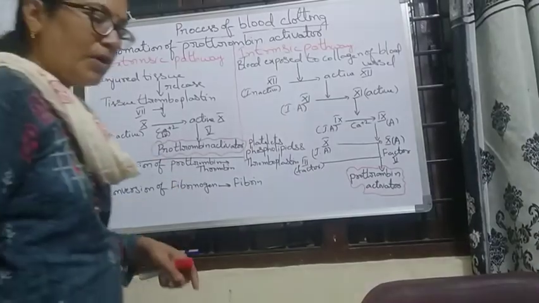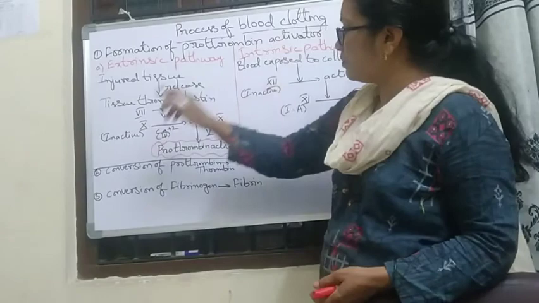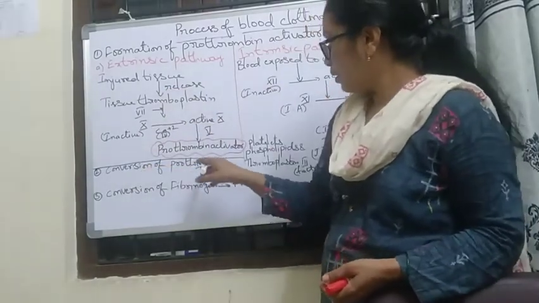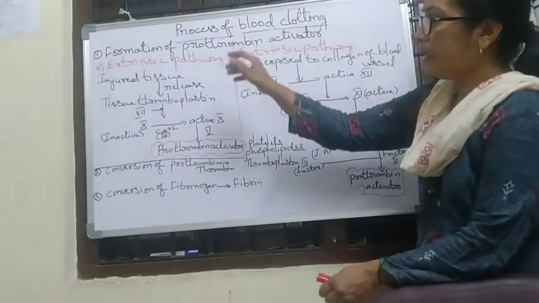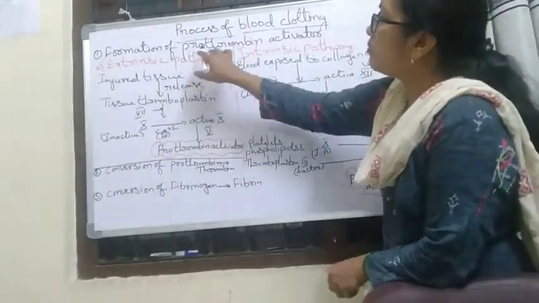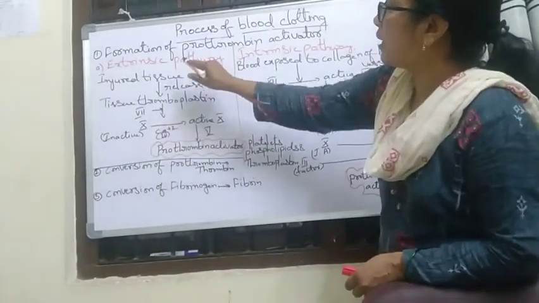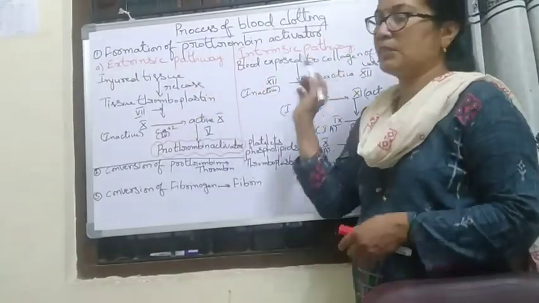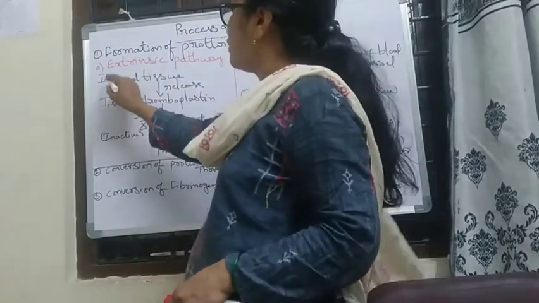In the process of blood clotting, mainly three steps are there: formation of prothrombin activator, conversion of prothrombin into thrombin, and conversion of fibrinogen to fibrin. In these three steps, the first step contains two pathways, the extrinsic pathway and the intrinsic pathway. In the extrinsic pathway, what happens?